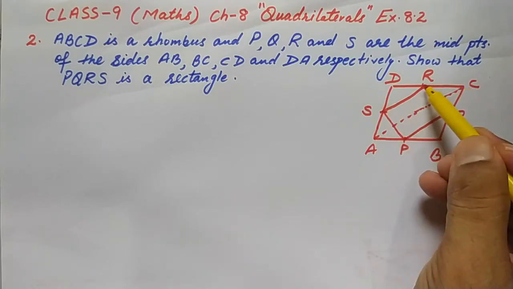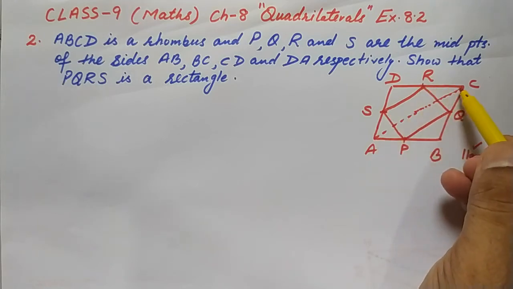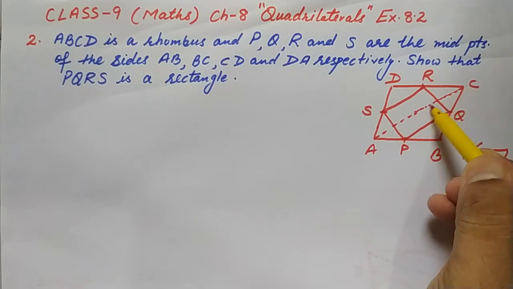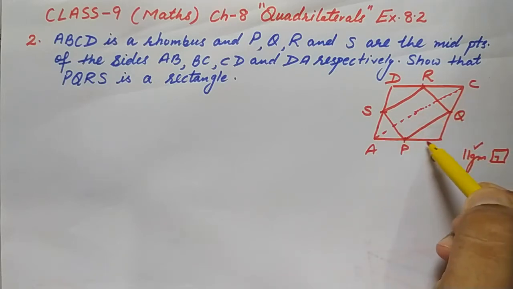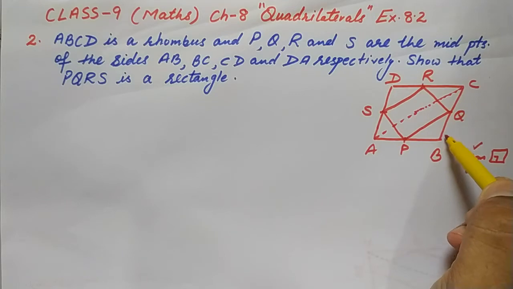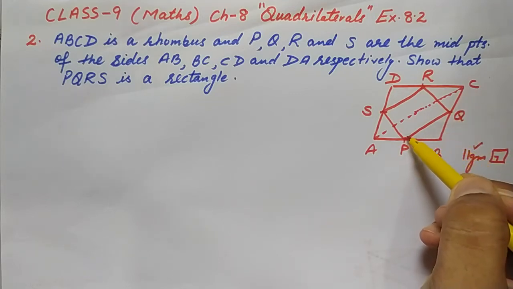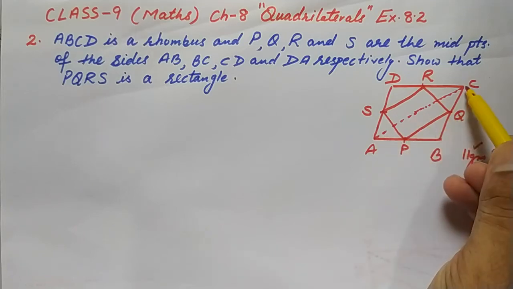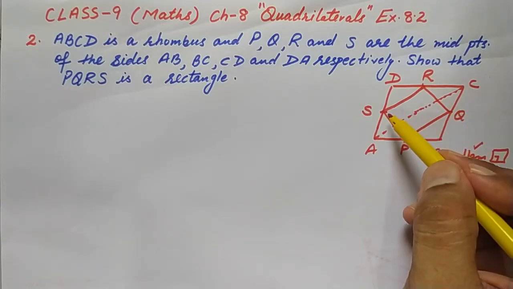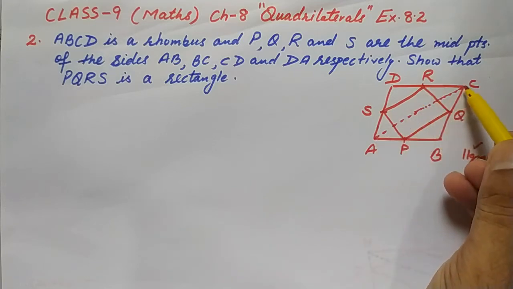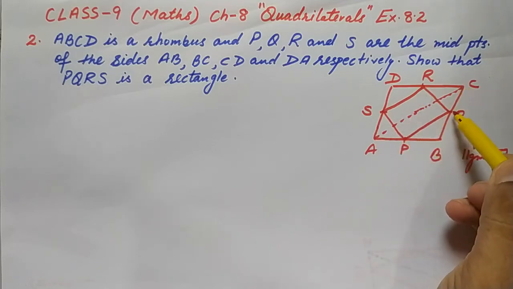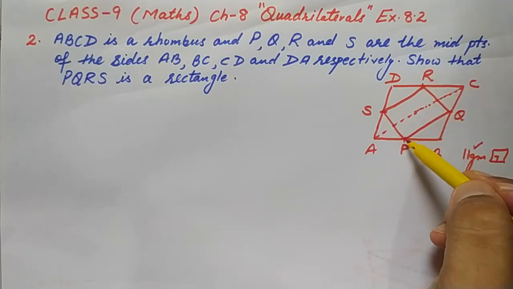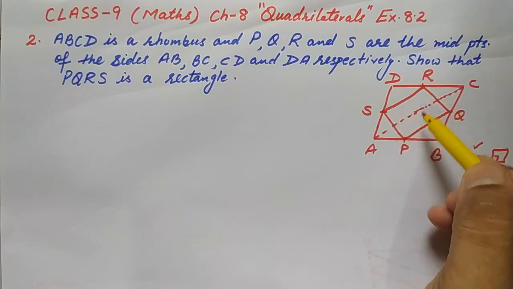Similarly, in triangle ABC, P is the midpoint of AB and Q is the midpoint of BC, so PQ will be parallel to AC and half of AC. So SR and PQ are both parallel to AC and half of AC.